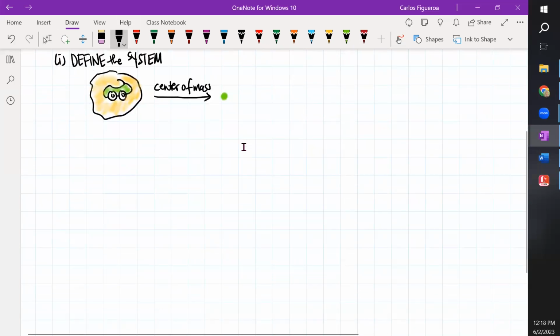So now that we've defined the system, next we look at the variables. In fact, we should call them the motion state variables.